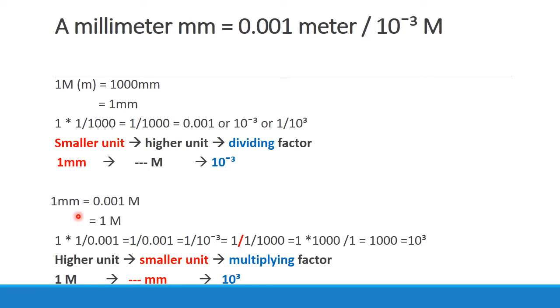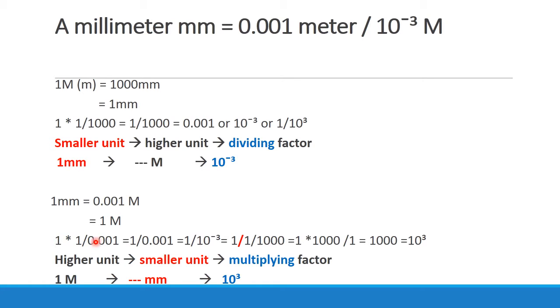Same way, another example. So by the previous example, we got 1 mm is equal to 0.001 meter. So considering that 1 mm is equal to 0.001 meter, you are converting now the higher unit into a smaller unit. That is 1 meter is equal to how many millimeters? So now how to obtain? Again cross multiply. 1 into 1 divided by 0.001.